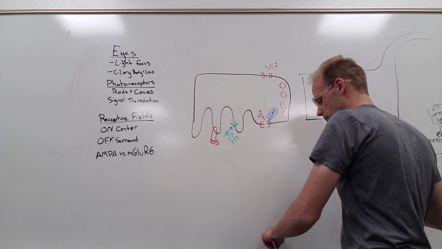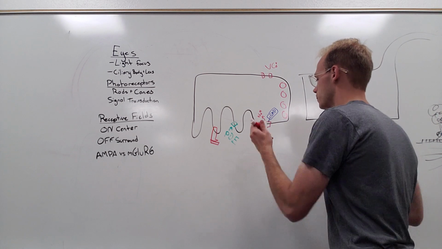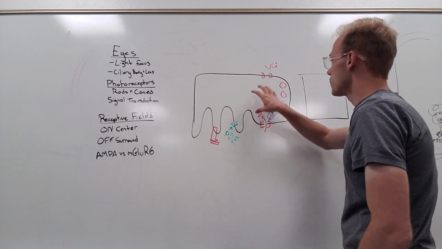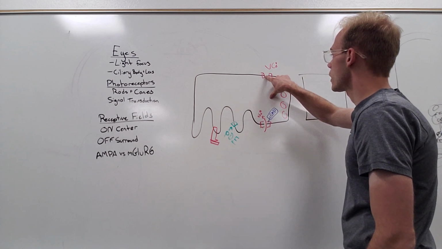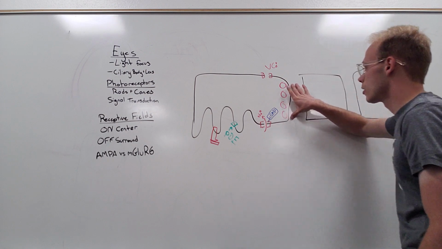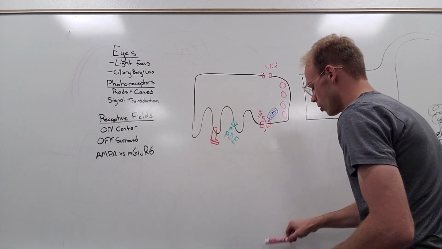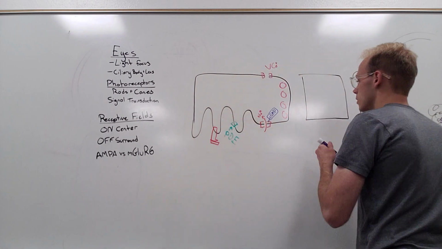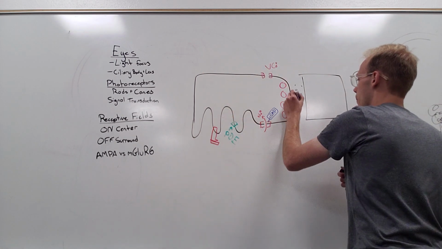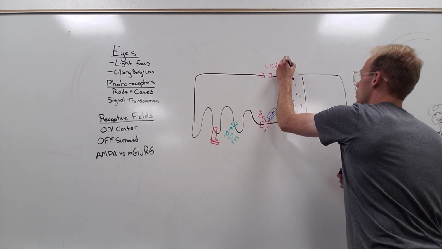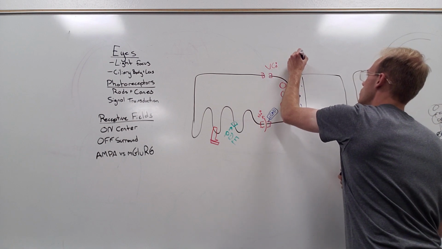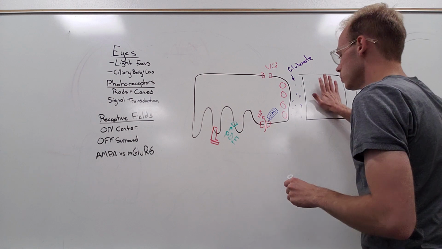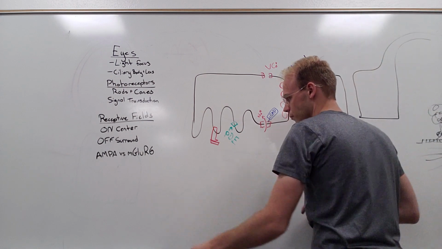And so sodium can come into the cell. When sodium comes into the cell, it depolarizes it, opens this voltage-gated calcium channel, causes calcium to come in, releases glutamate, which is our neurotransmitter within our eyes. So it releases glutamate, and I'll talk about that in a second.